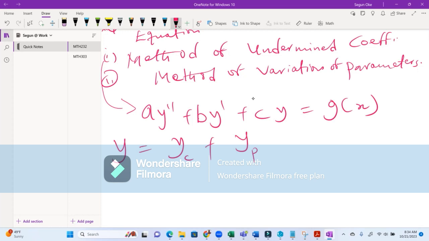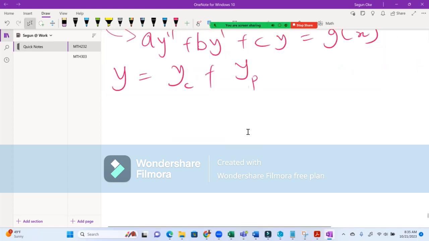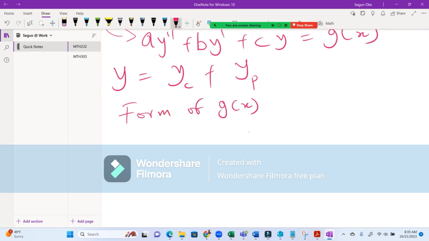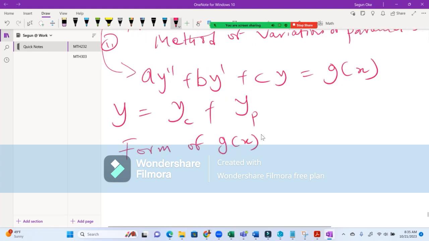So now let's look at this. How do we solve this problem? But before we solve it, we need certain conditions. They are there in your material, but just pick this one. Anytime you have a different form of g of x, remember I said it, we are talking about this g of x.